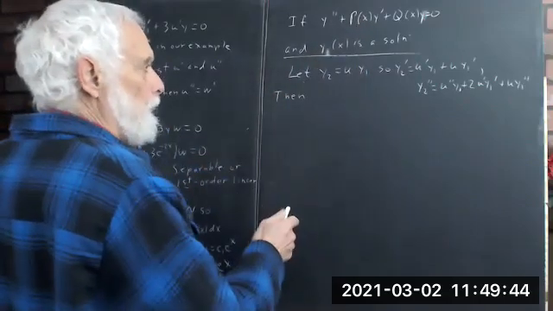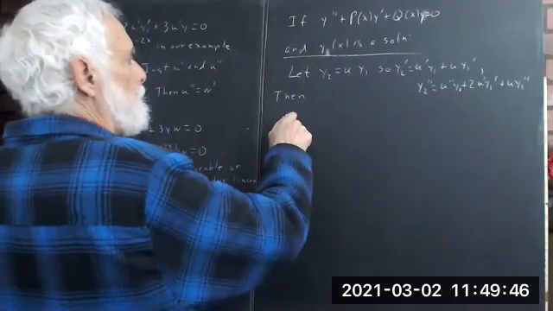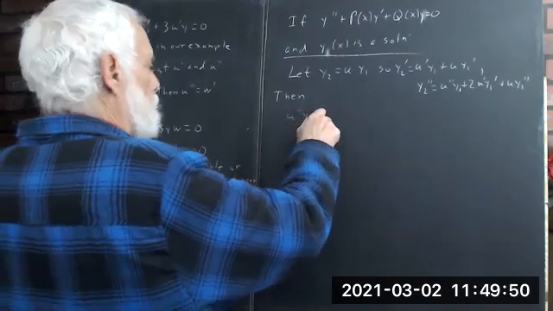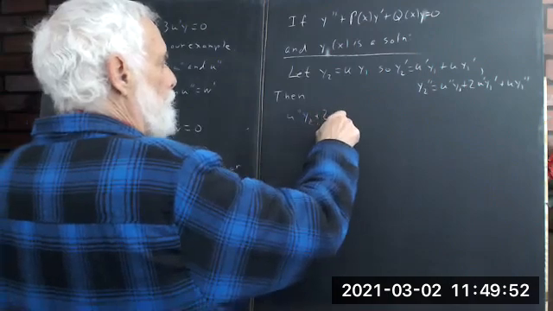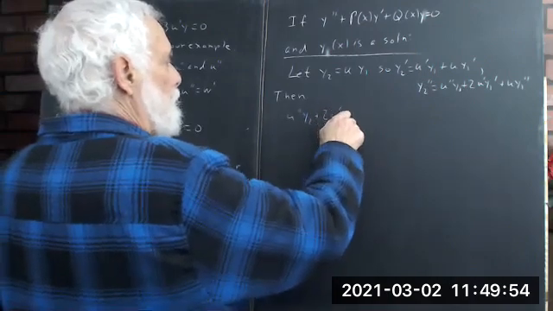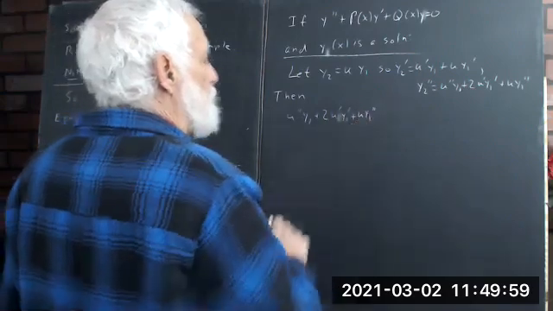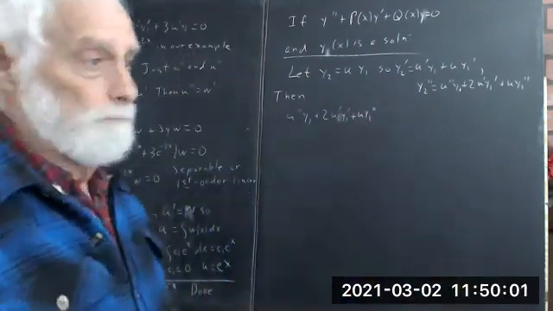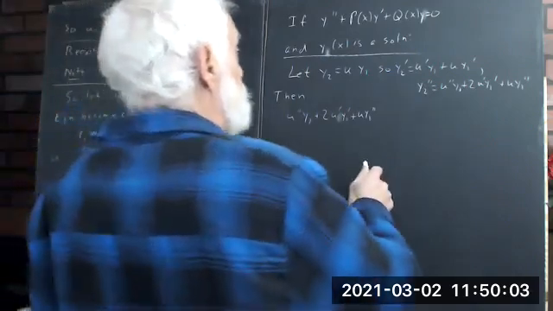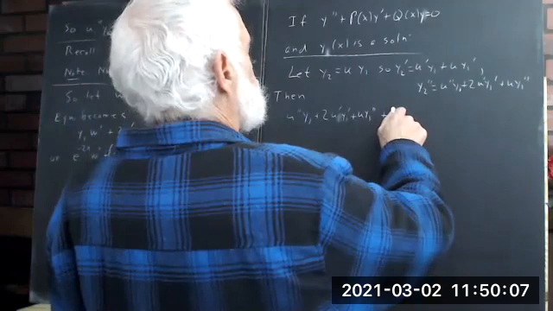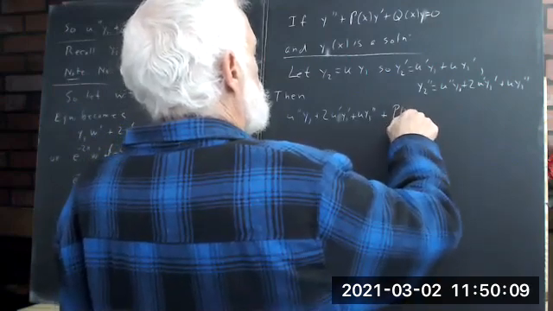Then our equation becomes, and I'll write it out carefully because we're going to have to fix it. So far, it looks a whole lot like what we had before. Put the p of x out in front.